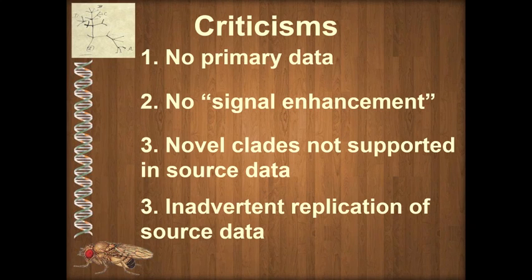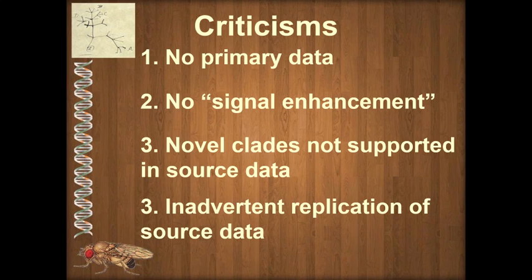If we combine data sets and then do a single analysis on just the overall combined data set, which is the more formal, the more standard way to do it, then all of those phylogenetic signals that are kind of swamped out in the different analyses are going to get together and then maybe come out, and all the background noise, if you will, the background confusing data would be swamped out by the enhancement from the multiple signals. But if you just have kind of a little bit of a mess in one phylogeny, a little bit of a mess in another one, and you don't put the primary data together, you don't get that signal enhancement.